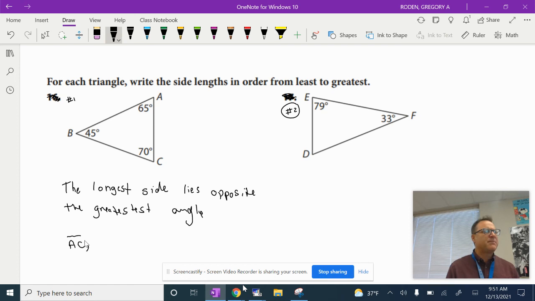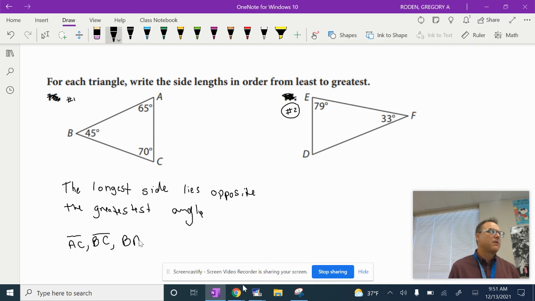I said an inequality, but I think I'm just going to put commas because inequalities would mean I'm actually going to put the actual sides with the segment over the top. Okay, go ahead. It's BC because angle A is 65, and that is not the biggest one. Okay, so it's BC. You guys agree with that? Okay. And then Sam, what will come last? BA.